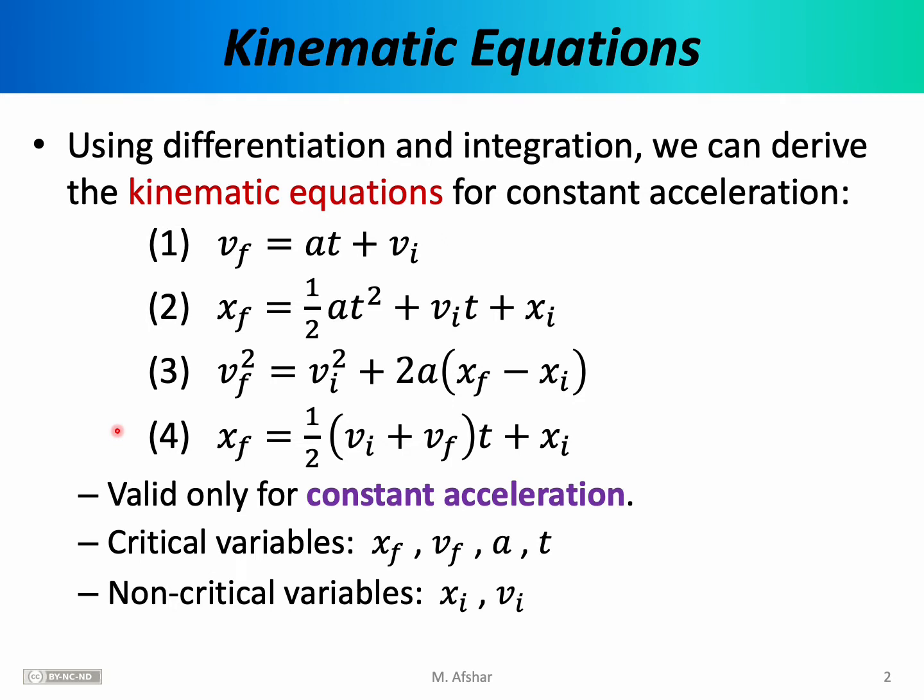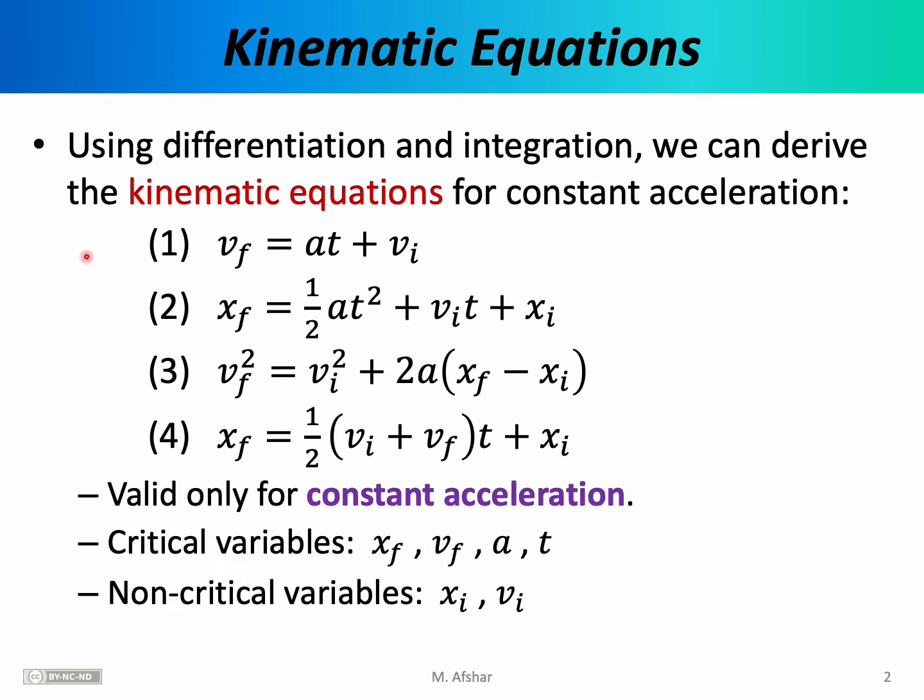Integration can be time-consuming and is a process that is prone to mistakes. So for this simple but common case of constant acceleration, we prefer using the kinematic equations to find the velocity or position or acceleration or the time of an event for the motion of an object.